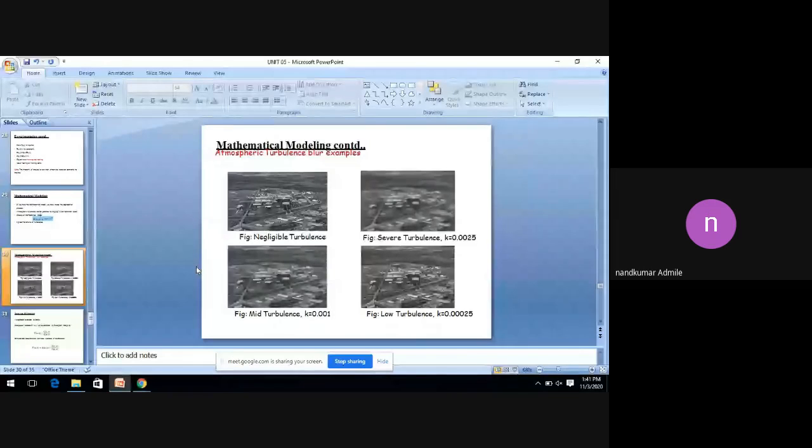So we can take different values of turbulence, and we can identify the noise level in an image. These are the parts of the degradation model. By using these three techniques, we can estimate the degradation function.